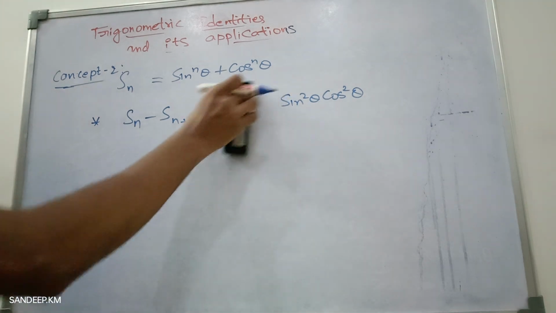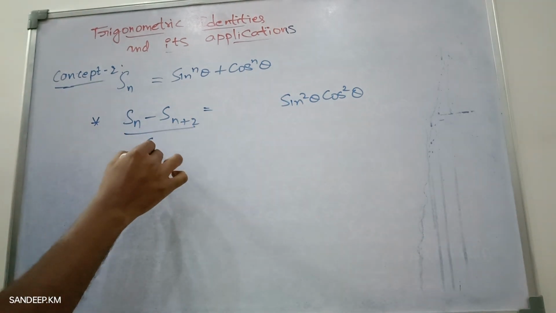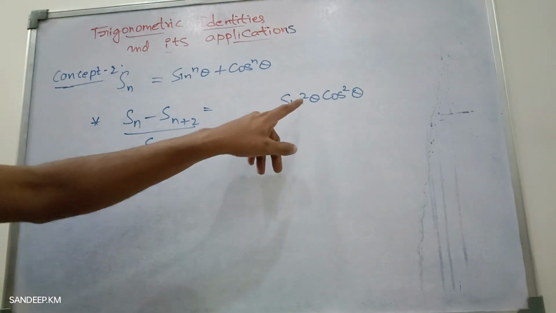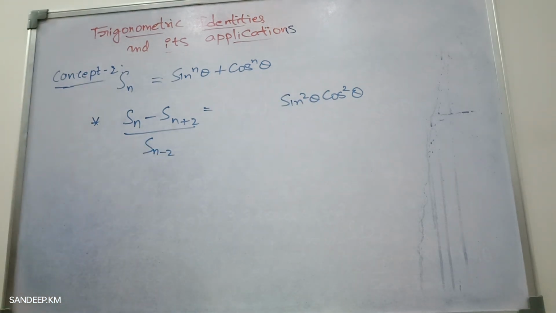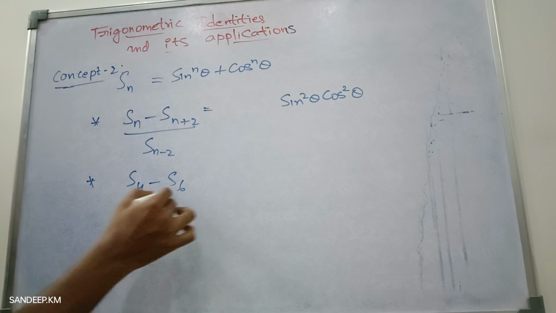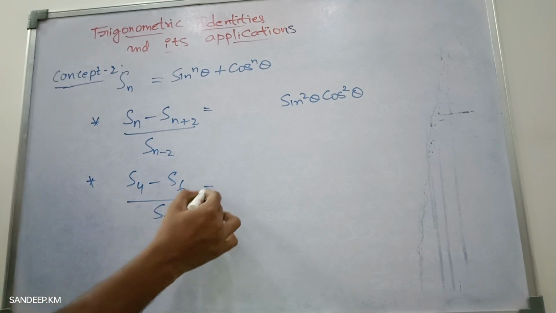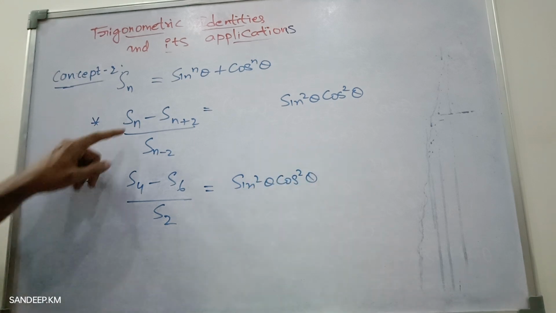Or else you can also say that (Sn minus S(n+2)) divided by S(n-2) is equal to sin square theta cos square theta. This is always true. What does it mean? I can say that (S4 minus S6) divided by S2 is equal to sin square theta cos square theta. I just took n as 4.